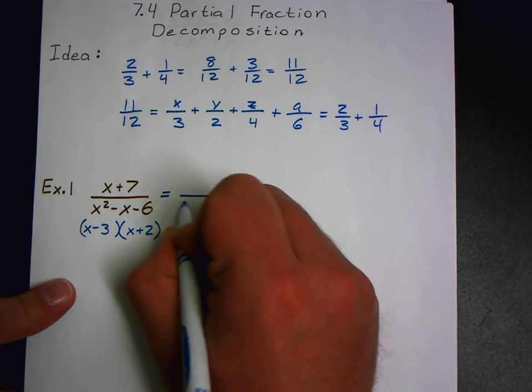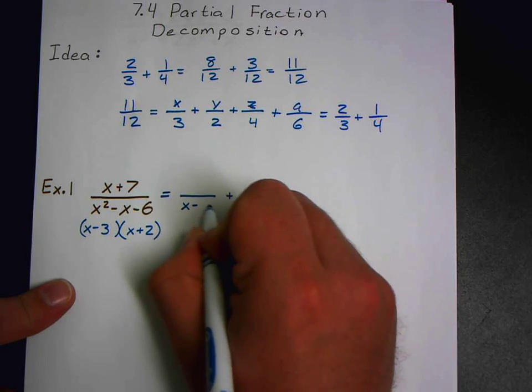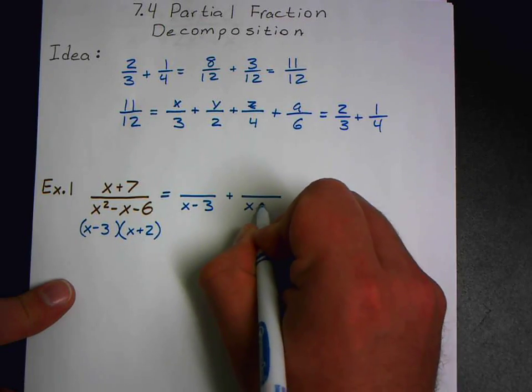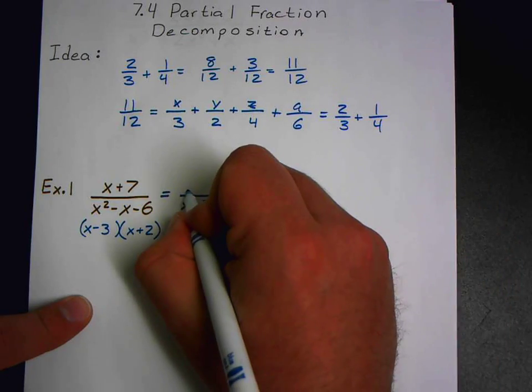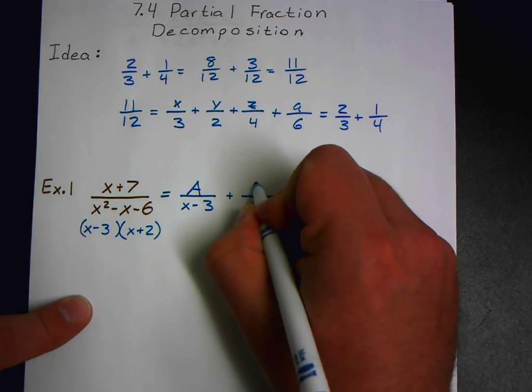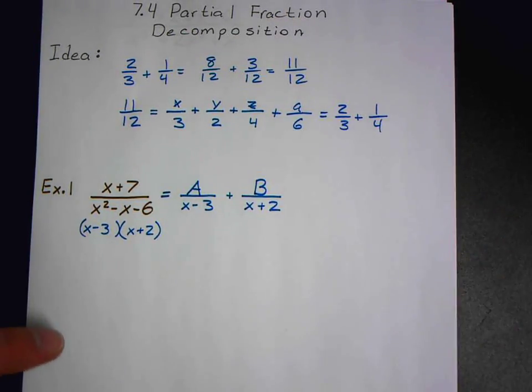So I write a fraction over here with each of those on the denominator. And I'm going to put a variable on top of those. Now what we usually use for a variable is just uppercase alphabet. We start with A and go across with however many we need.